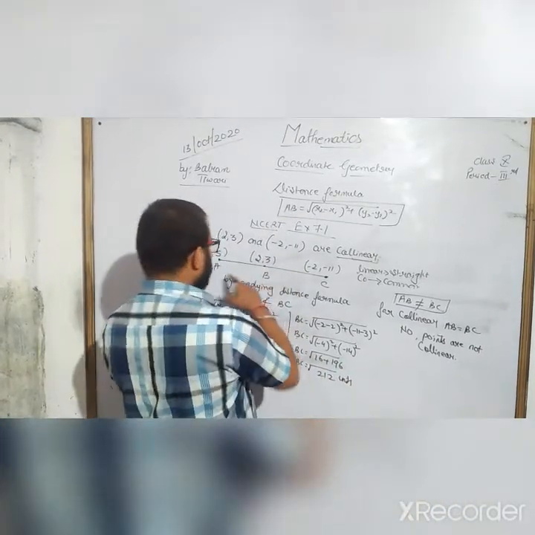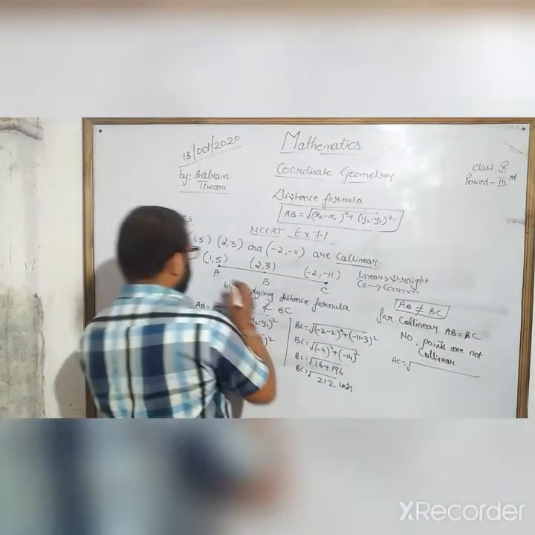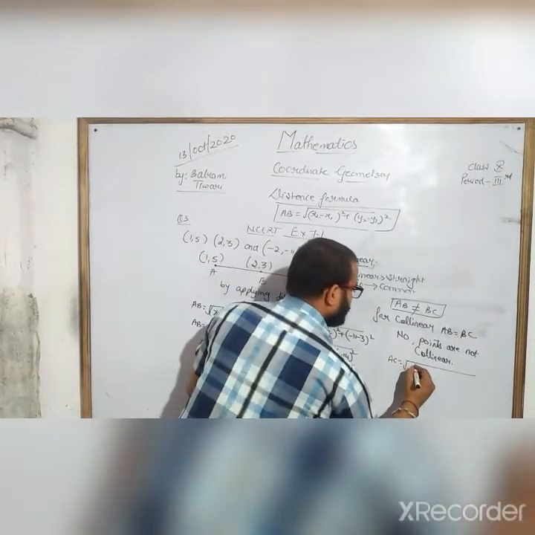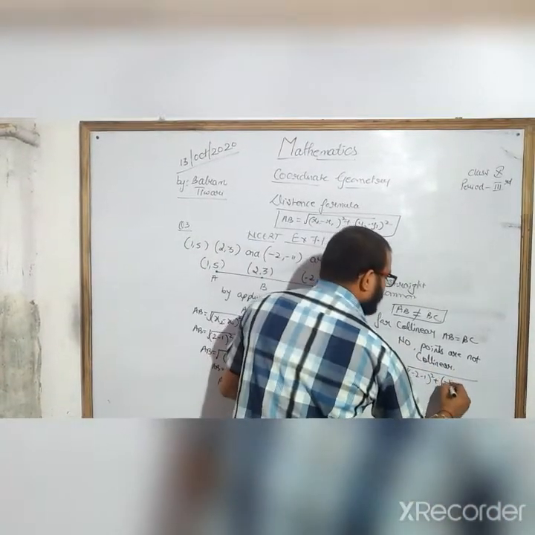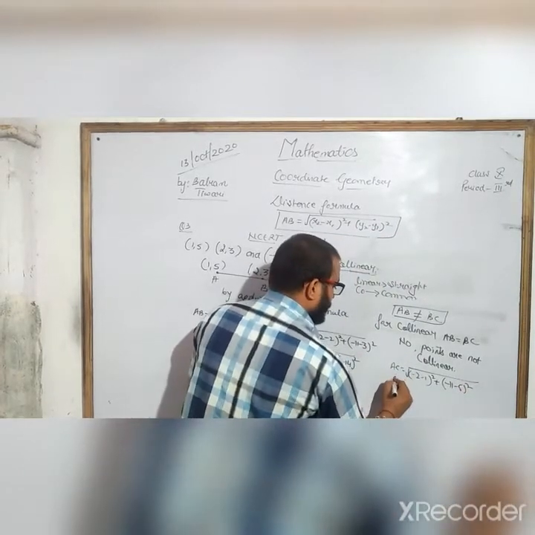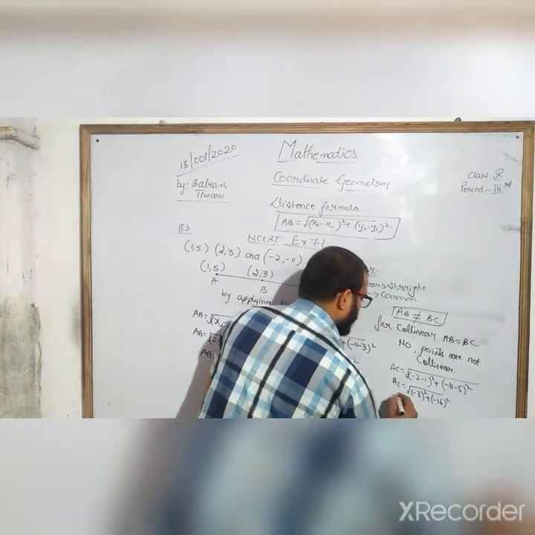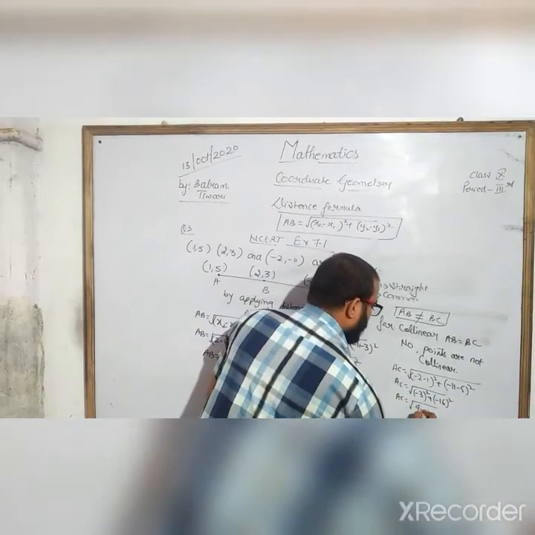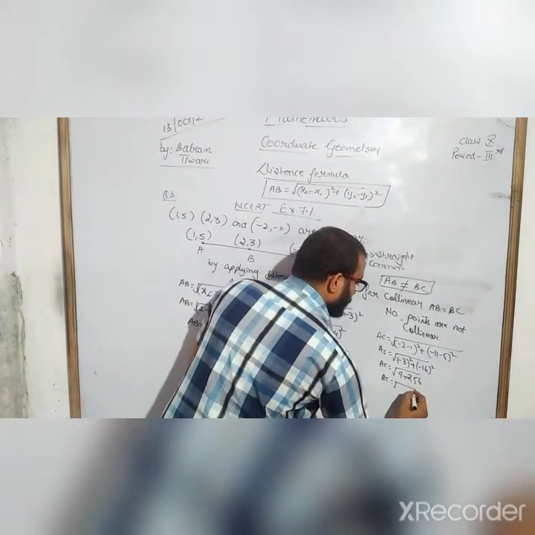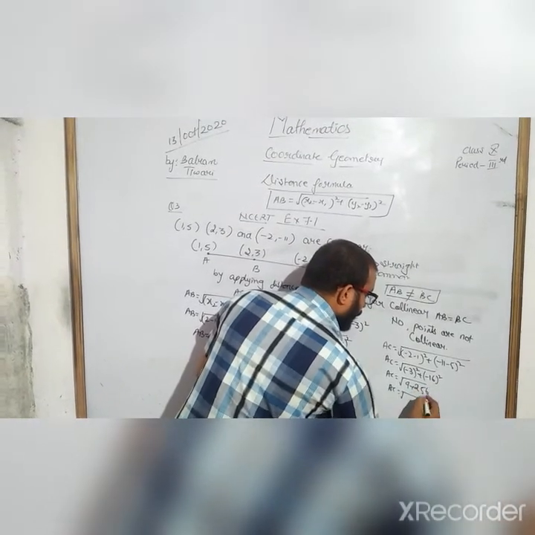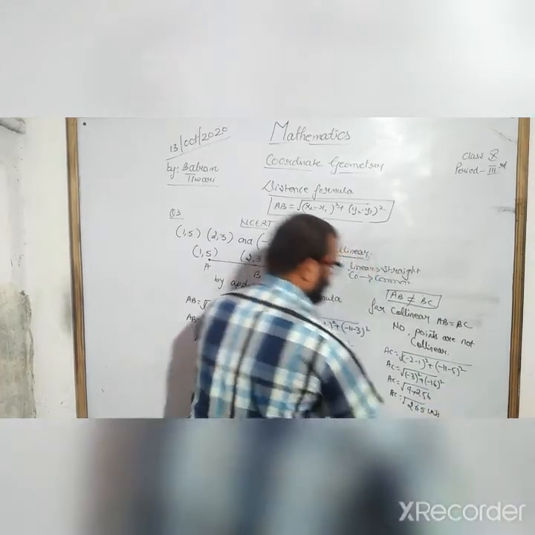By this we can also find AC. AC is minus 2 minus 1 square plus minus 11 minus 5 square. So AC becomes minus 3 square plus minus 16 square, that is 9 plus 256, which is 265, so AC is root 265 units.